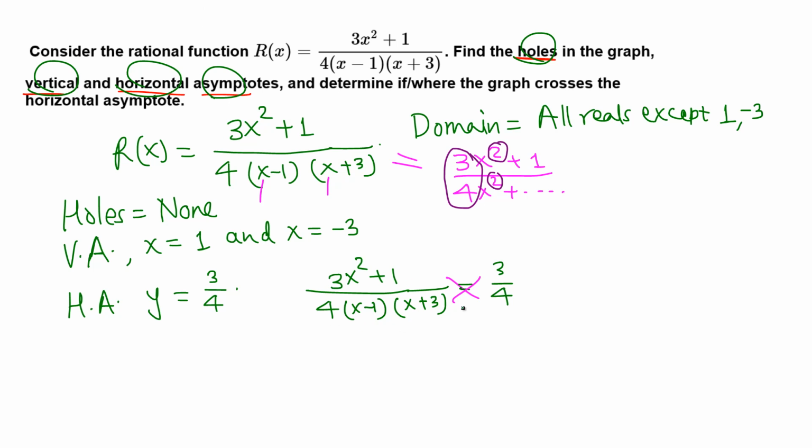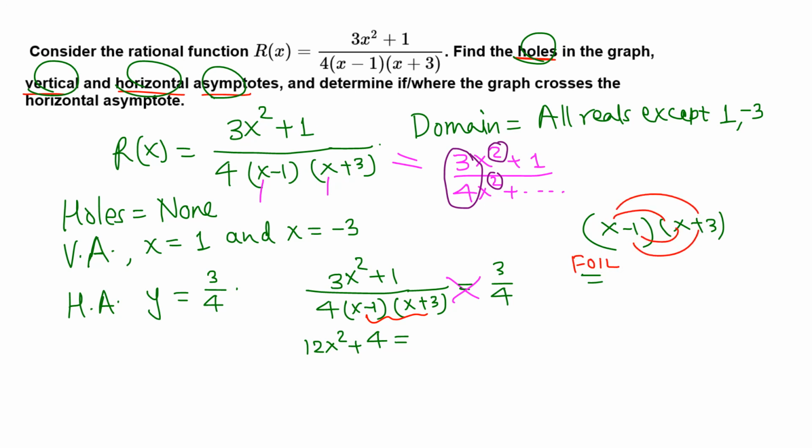So this way, 4 times 3 is 12x squared plus 4 times 1 is 4, equals this way. Let's multiply (x minus 1)(x plus 3). I'm just multiplying these two factors, it's FOIL. We get x squared plus 3x minus 1x minus 3, which is x squared plus 2x minus 3.